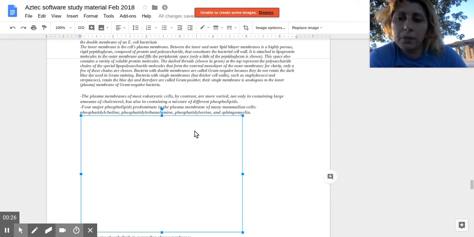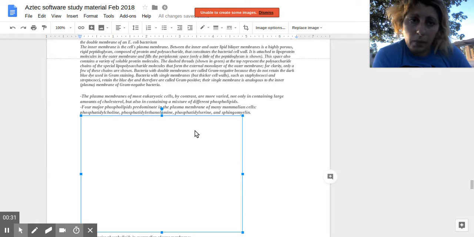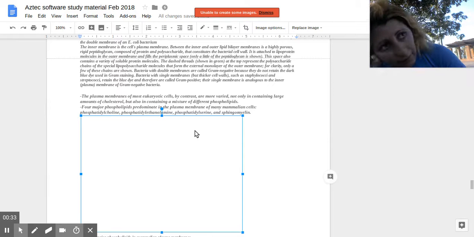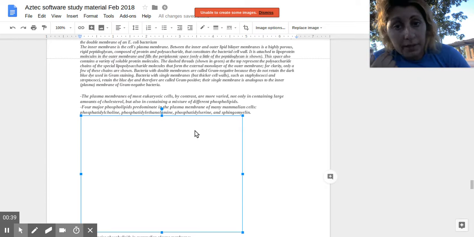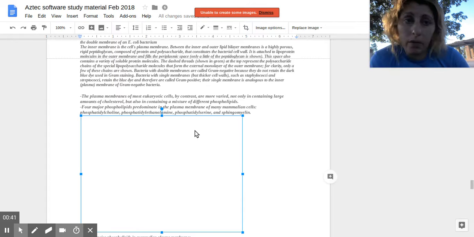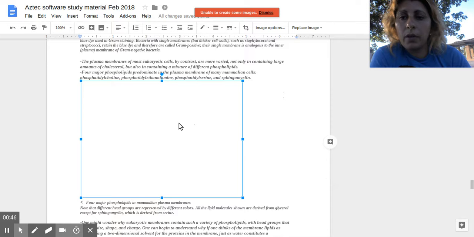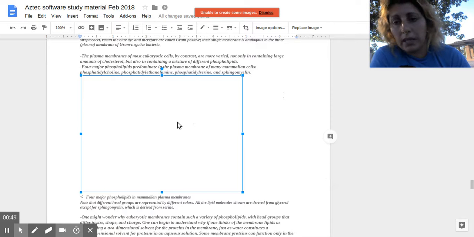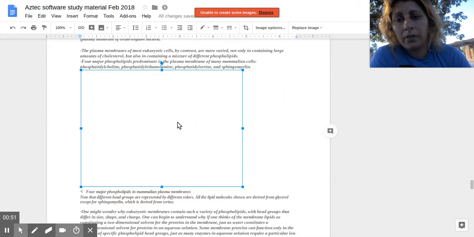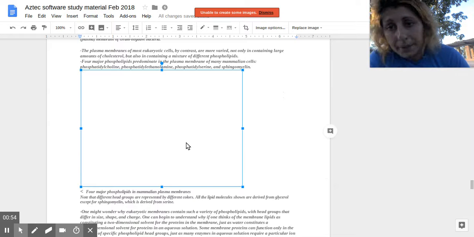Bacterial cells, which have a phospholipid membrane as well, don't have cholesterol molecules in their membranes due to the fact that they have two membranes, one being like a cell wall. So they are already rigid. They don't need a cholesterol molecule to add to the rigidity of the phospholipid cell membrane.